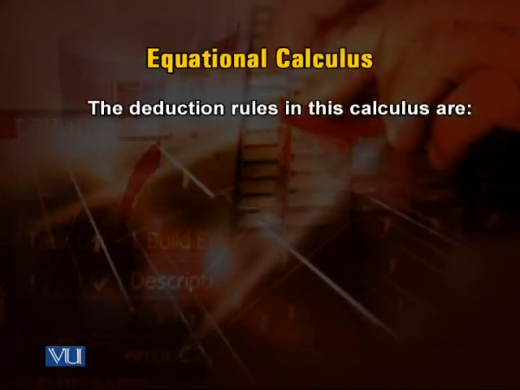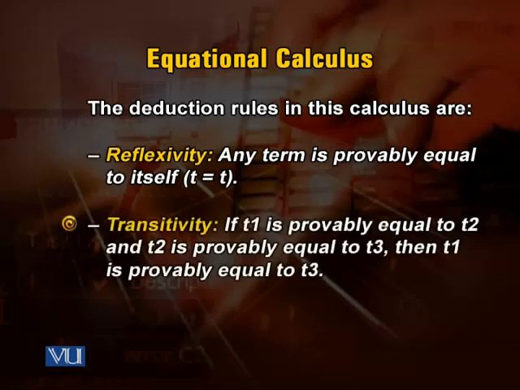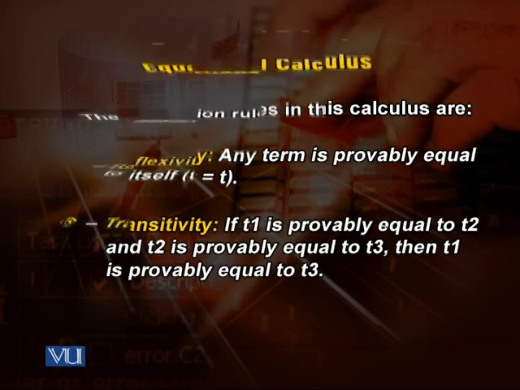The deduction rules in this calculus are: number one, reflexivity. Any term is provably equal to itself, that is, t is equal to t. Transitivity. If t1 is provably equal to t2 and t2 is provably equal to t3, then t1 is provably equal to t3. So this is the transitive property.